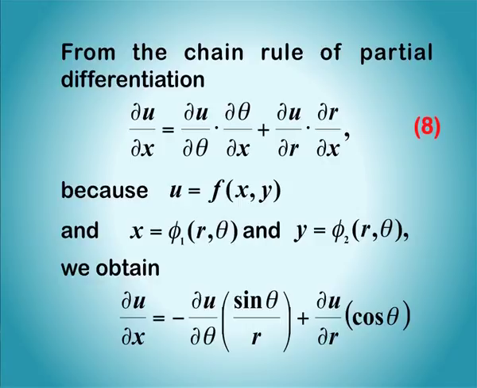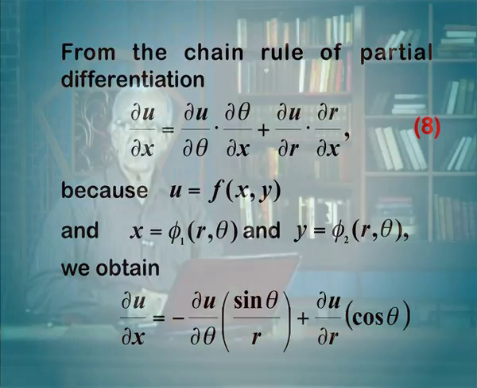We have written below, because u is a function of x and y and x is another function of r theta, y is also a function of r theta, and therefore, equation 8 is oriented. That I have explained to you. The two lines below equation 8 explain what I have said. So, we obtain du dx equal to, I am putting these values, du d theta is there, d theta dx we have just obtained.